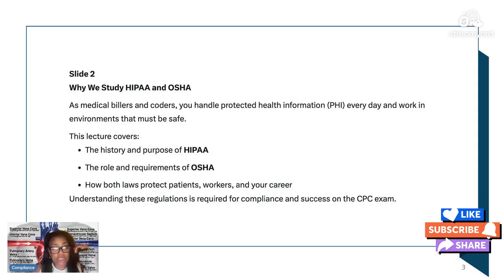If you did the billing class with me, you've already had some of this. Those of you who haven't done the medical billing class with me, go back through the playlist and you will see a lot of this in there. You also can purchase any kind of book on HIPAA and OSHA, but it may be on your test. There's only maybe 3 questions on there, but get one wrong and it's going to cost you a lot. So just pay attention to it.